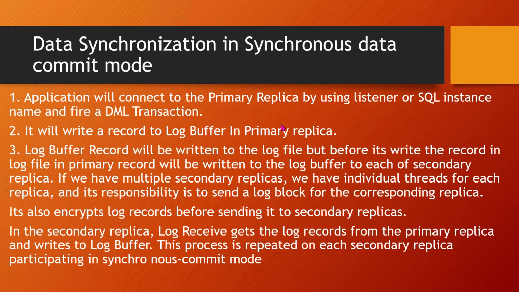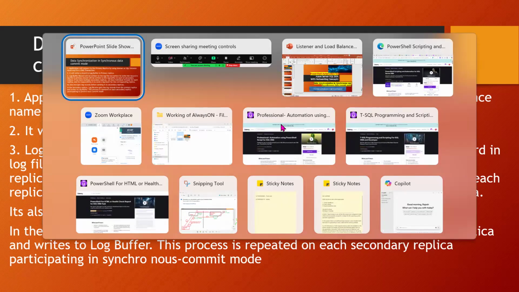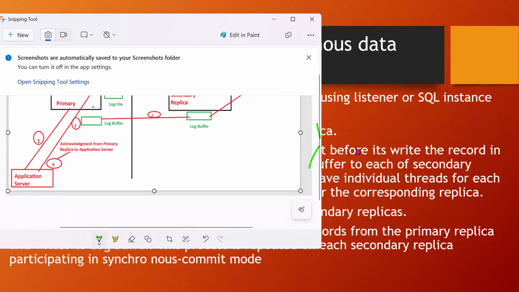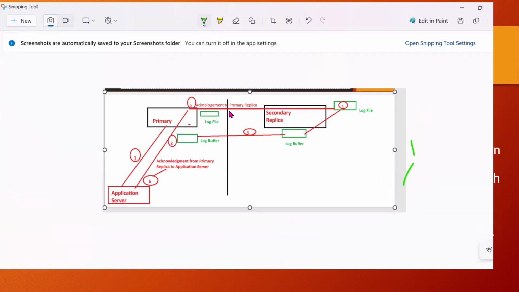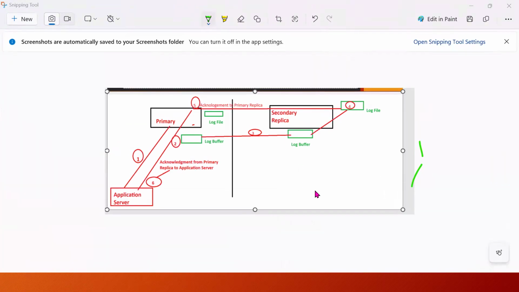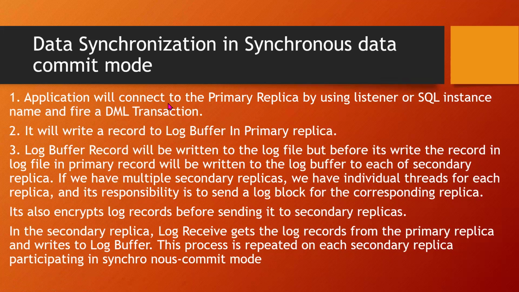So I will open my picture, which I have to explain. Okay, this is the picture. First of all, what is going to happen here? Why are we using Always On? You already know that.